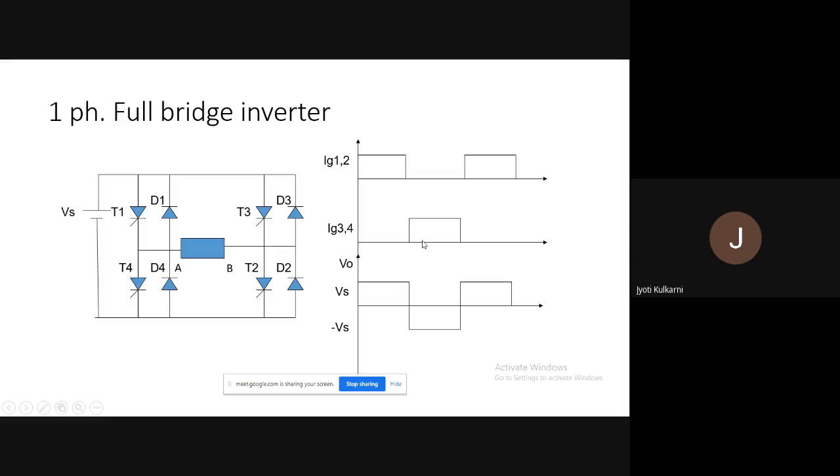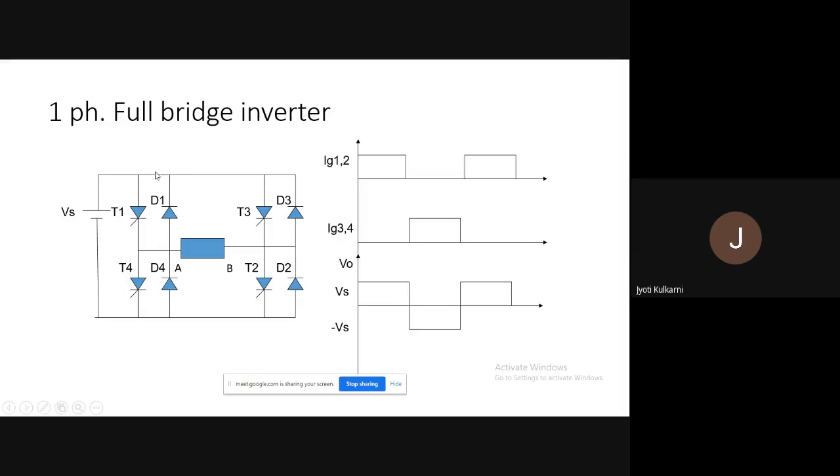Now see the next part. What is the next part? When the third and fourth SCRs are on with the help of IG3 and IG4, we are conducting T3 and T4. Now when T3 and T4 are conducting, how does the current flow? Again we take the positive plate of Vs. From the positive plate of Vs, the current starts flowing in the upper direction.